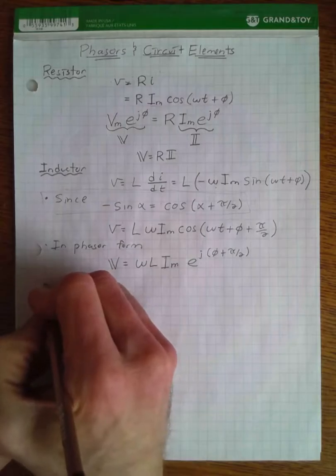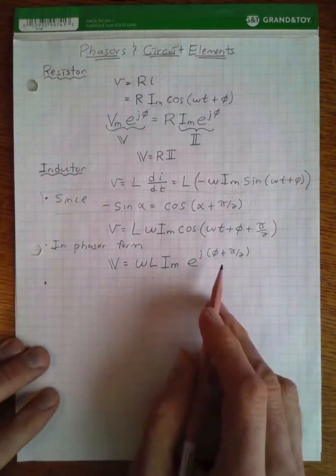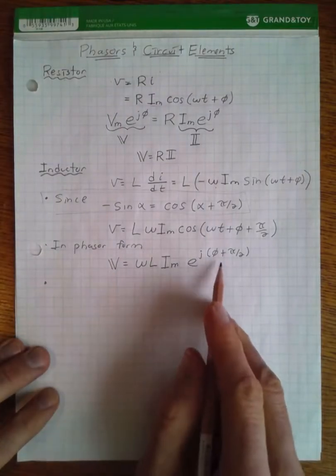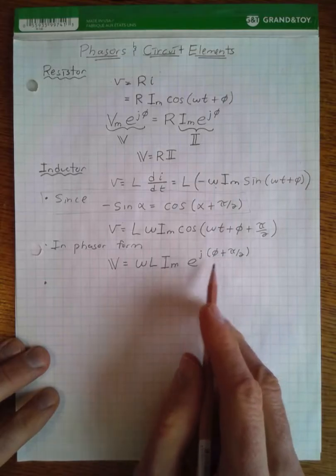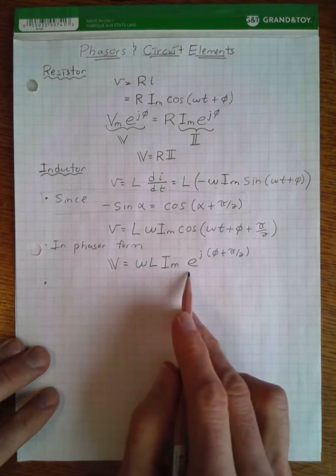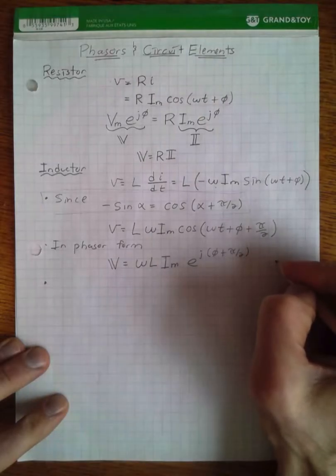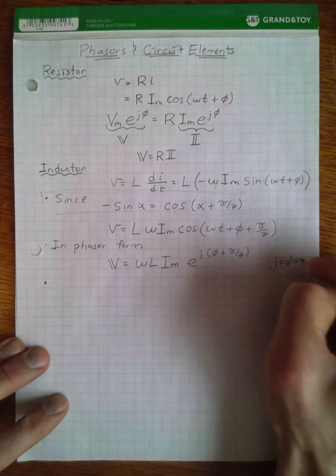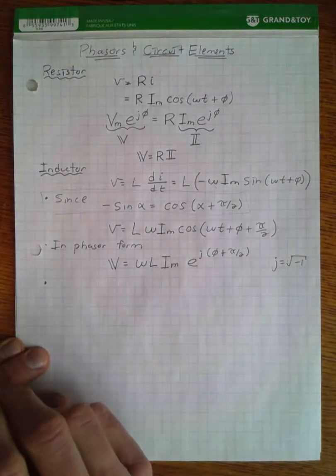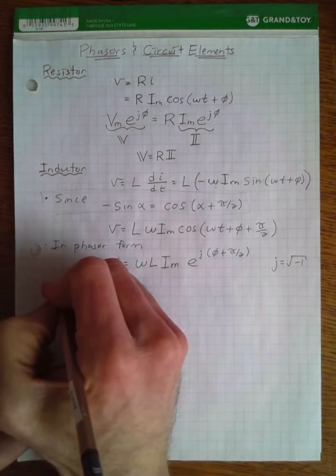However, a phase shift of pi over 2 can just be written as being equivalent to multiplying this whole thing by the imaginary number term j. So remember, j is equal to the square root of minus 1. And so what do I mean by this?